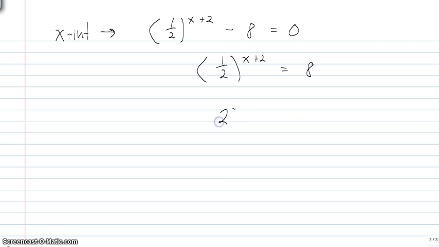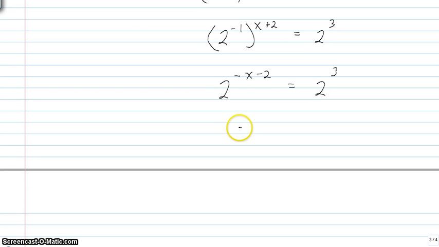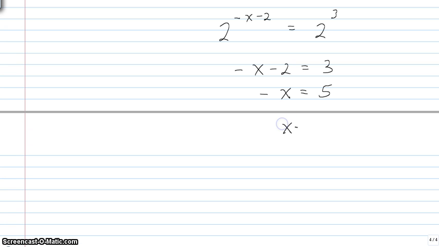So 1/2 I can write as 2 to the minus 1. 8 I can write as 2 cubed. And now on this left side I can multiply the exponents. And since I have the same base 2 on both sides, that means that my exponents must be equivalent. And so I can add 2 and divide or multiply by -1.